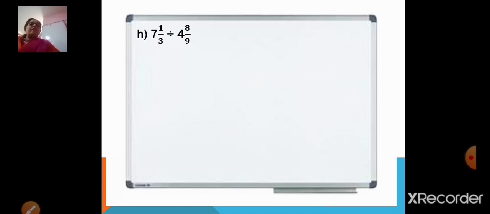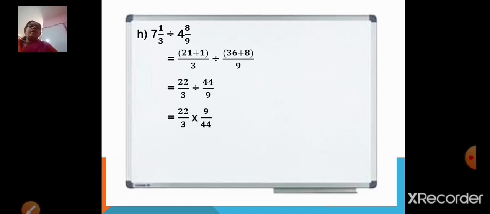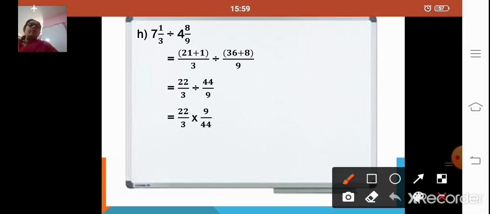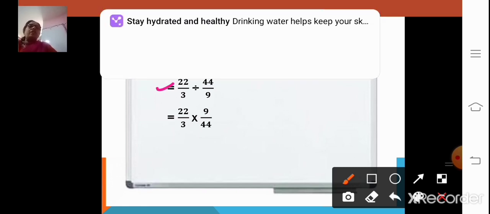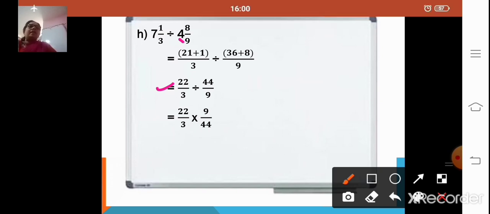The sum, 7 whole 1 upon 3 divided by 4 whole 8 upon 9. First we have changed both the fractions to improper fractions: 3 7s are 21 plus 1, 22 upon 3, and 9 4s are 36 plus 8, that is 44 upon 9.